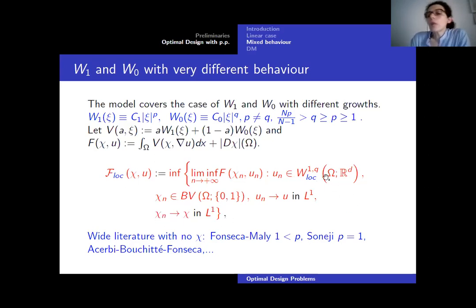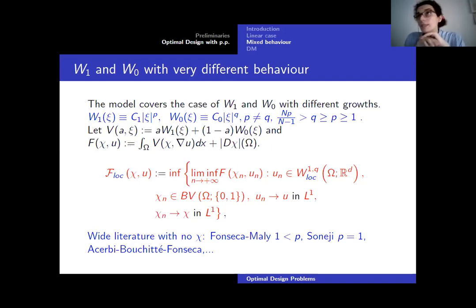Of course, when omega is not that regular, there might be really a difference when taking into account W^{1,q} and W^{1,q}_loc. And because of this convex combination, it makes sense to have u_n just in W^{1,q}_loc, having more freedom than just sticking with W^{1,q}.